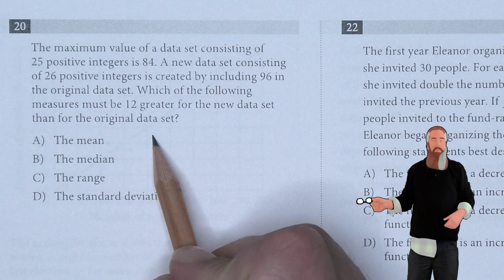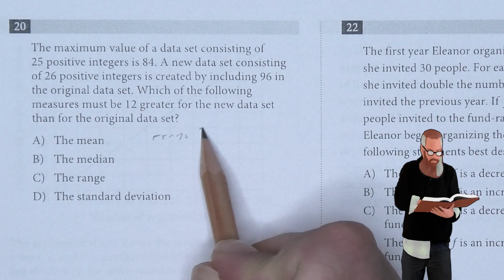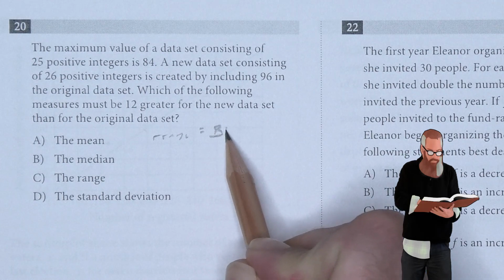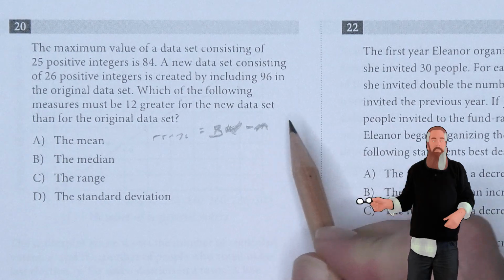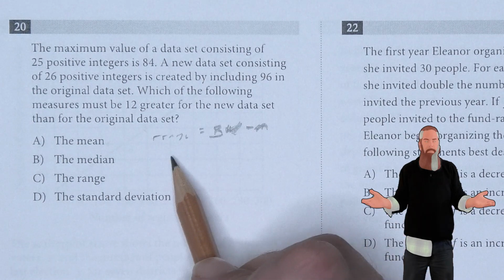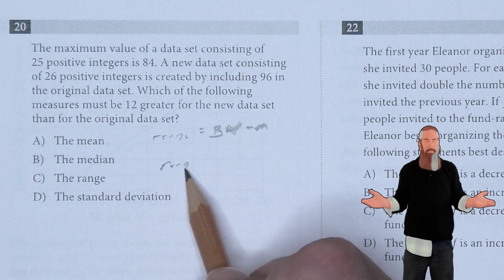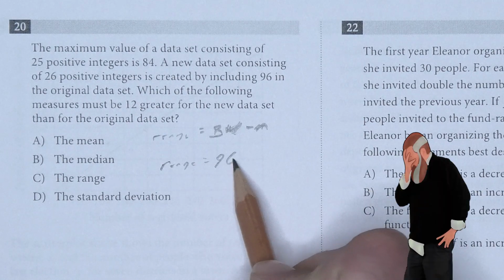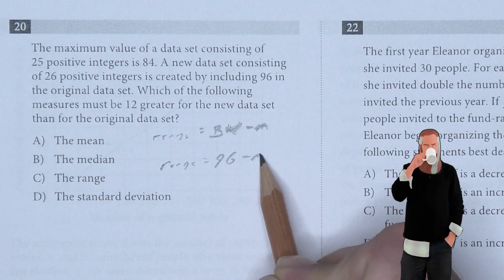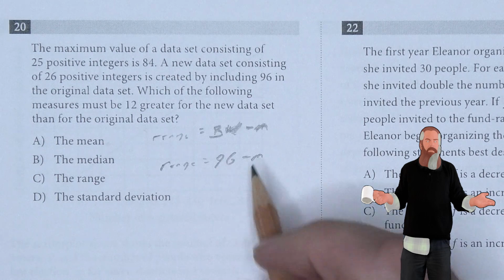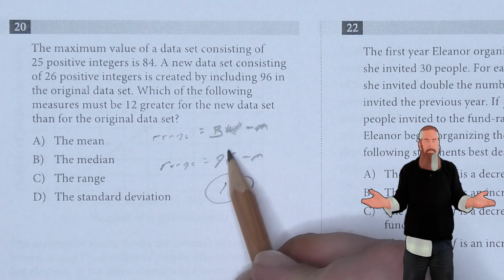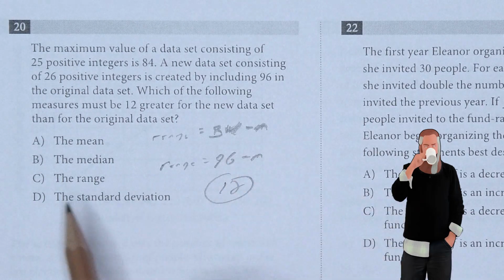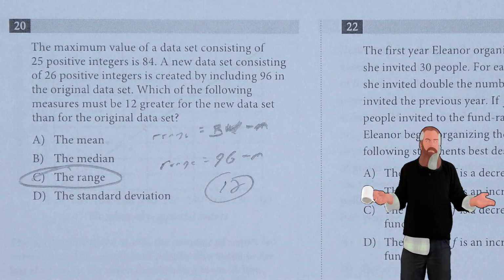So we know that the range of the old was equal to 84 minus some number m. And we know that the range of the new is equal to 96 minus that same number m. Now, there is a change of 12 right there in what the maximum is. So we're dealing with the range that would change.